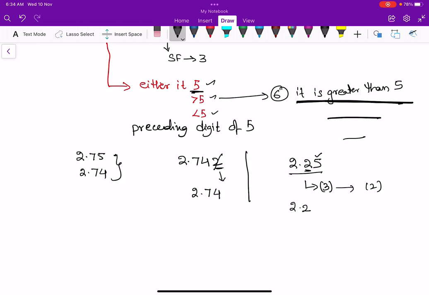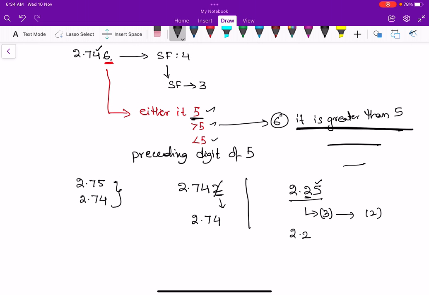Now what is the answer? Here it is greater than 5, right? So add one to the preceding digit if it is greater than 5. If it is less than 5, just leave it. If it is equal to 5, check the preceding digit, whether it is even or odd.